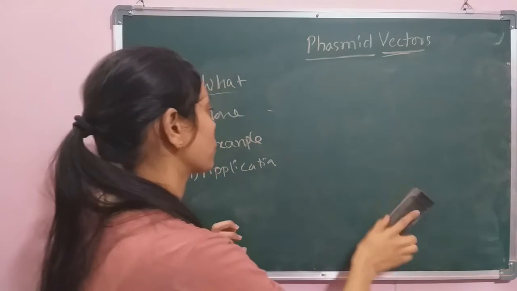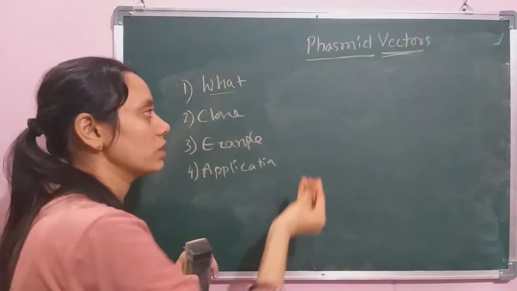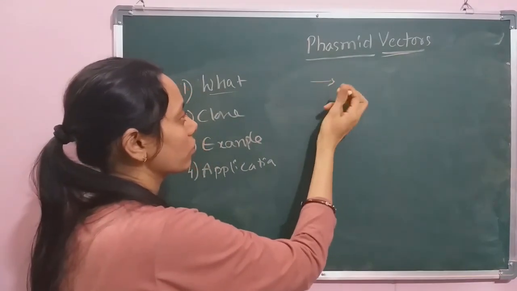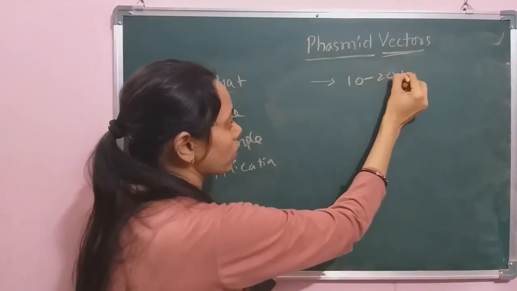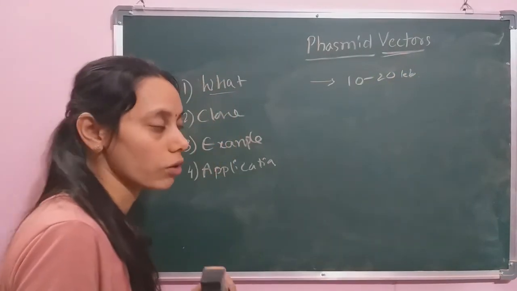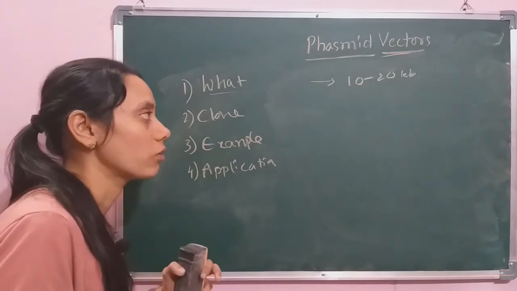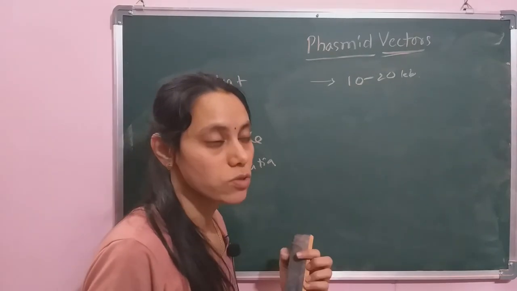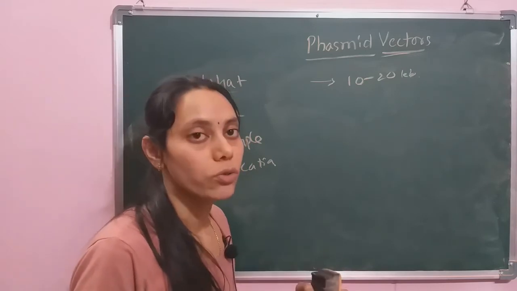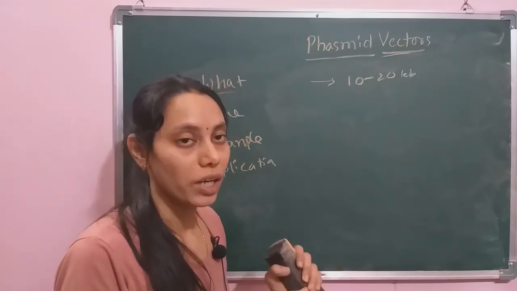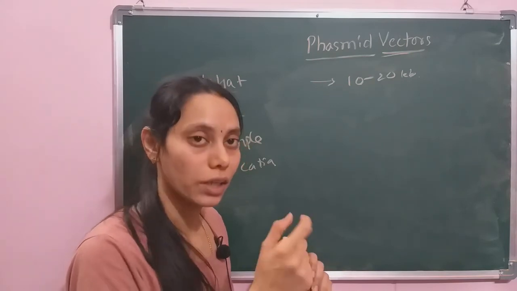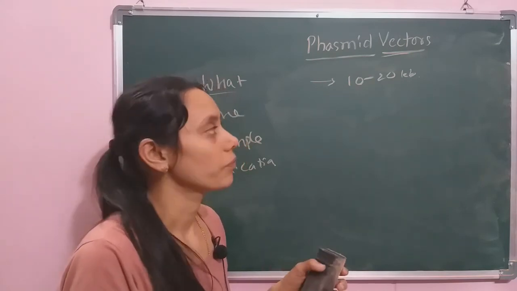Coming to the applications, as we already discussed, the insert size of the phasmid vector is 10 to 20 kb. So that means it allows a larger portion of DNA. It also replicates as a plasmid, so it can be used similarly to plasmid vectors to maintain or clone target genes.